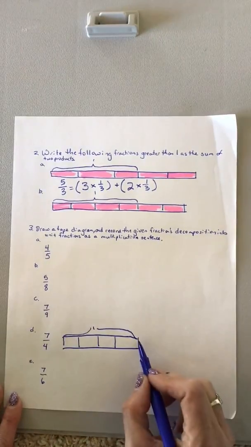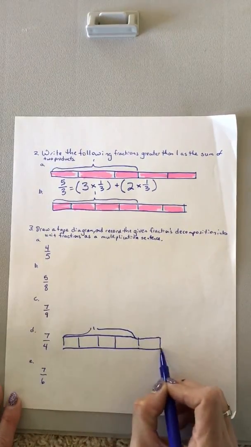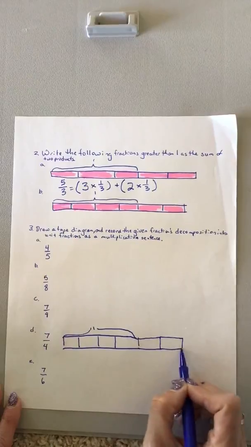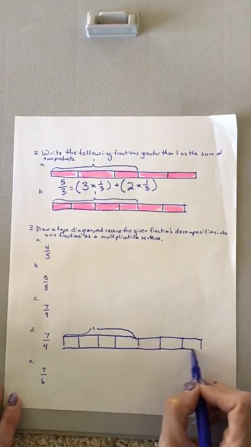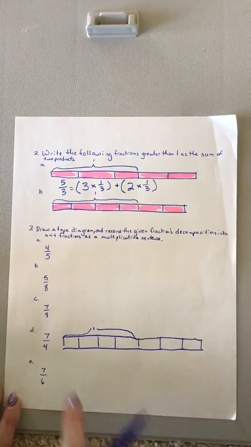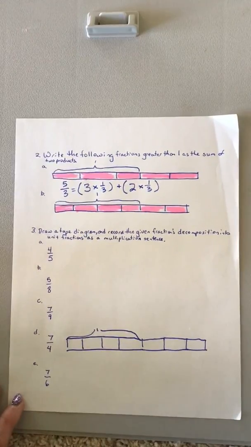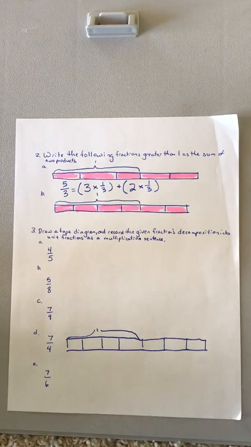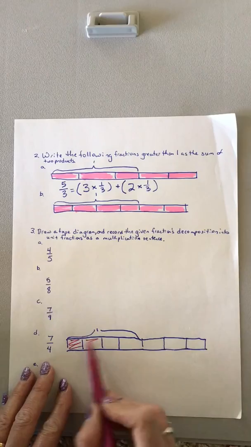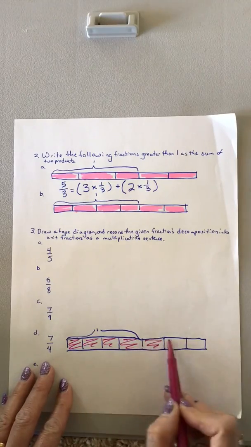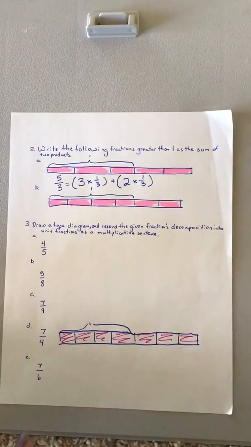So this is what I'm going to do. Remember, it's not perfect. 1 fourth, 2 fourths, 3 fourths. And now, boys and girls, I have a model for 7 fourths. Okay? And then I'm going to shade it all in. 6, 7.